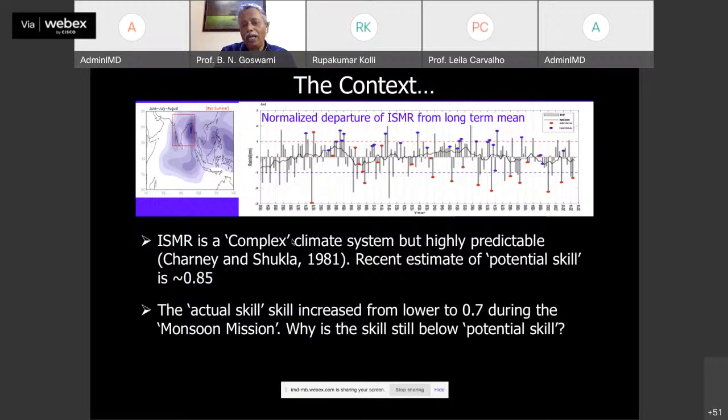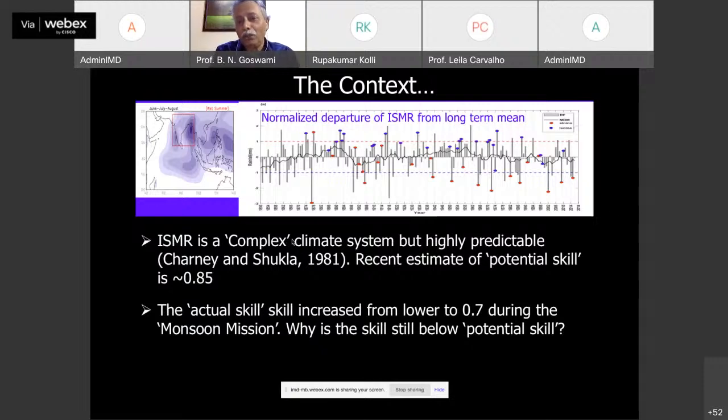Unfortunately, the actual scale of all prediction systems today is less than 0.7, and that is what we have been able to achieve after monsoon vision, but it has always remained below the potential scale.